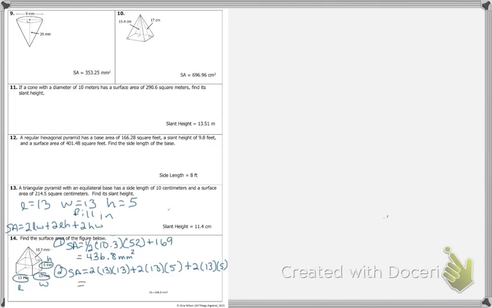This ends up being 598 millimeters squared.